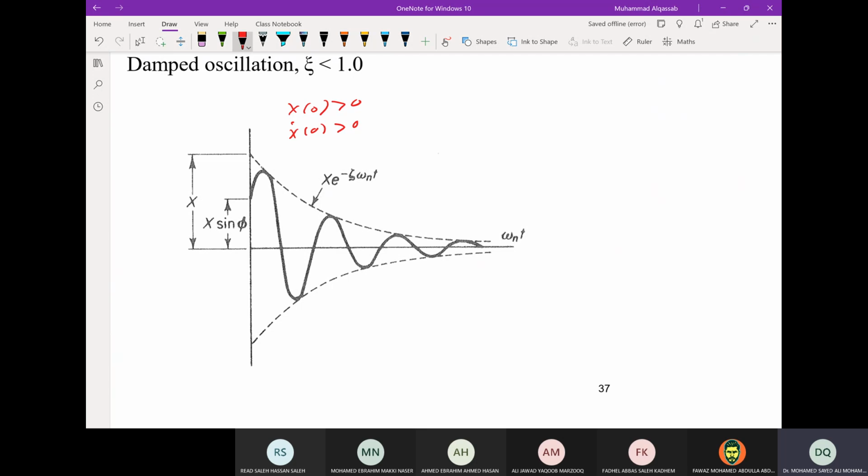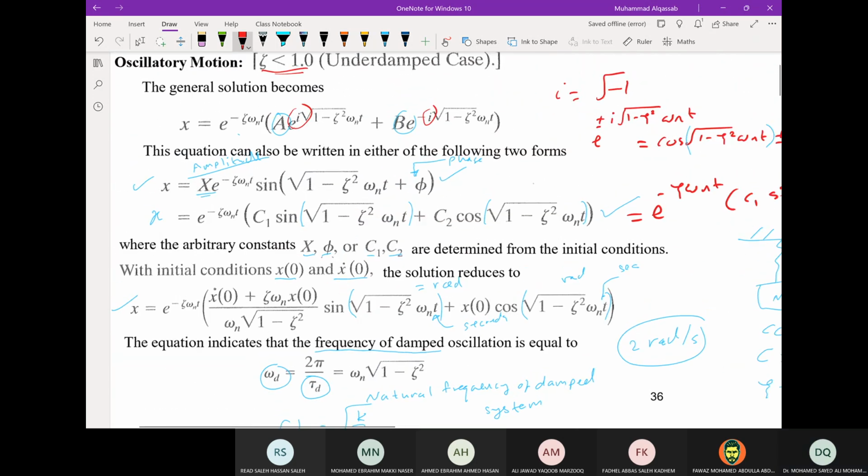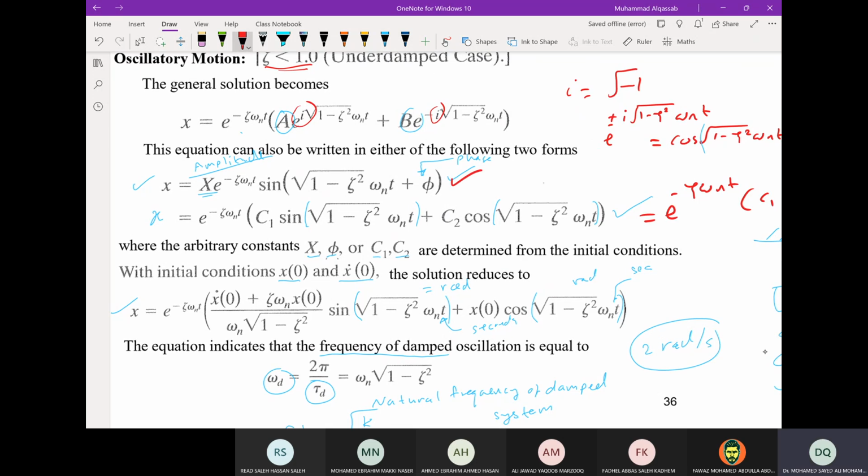So at t equal to 0, this is equal to x at 0, which is equal to X sine phi. When you put t equal to 0, this will be sine of phi, and e to power 0 is 1, and this will be X sine phi.